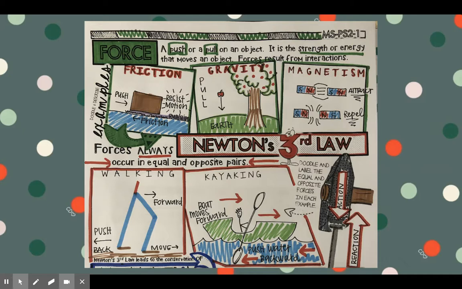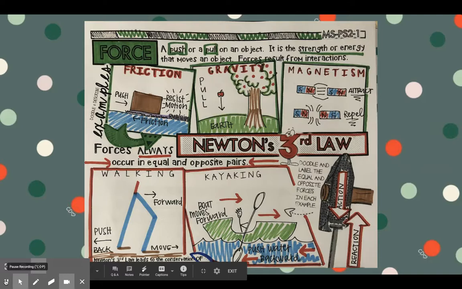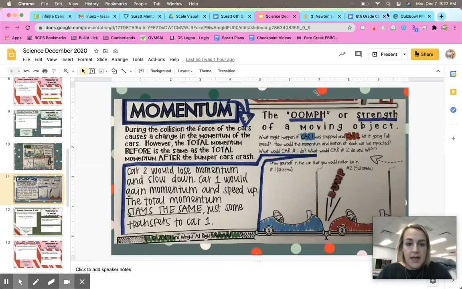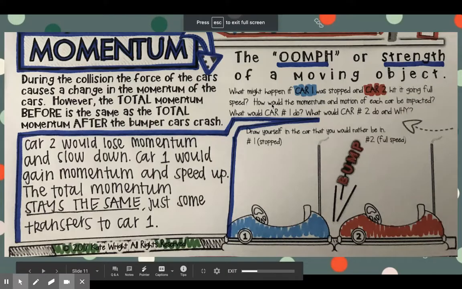The reaction is the boat moves forward. For every action, there is an equal and opposite reaction. Again, forces always occur in equal and opposite pairs. Pretty simple.